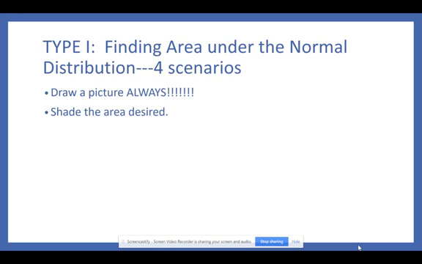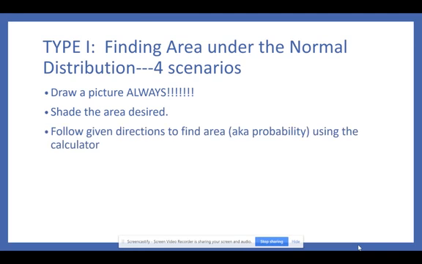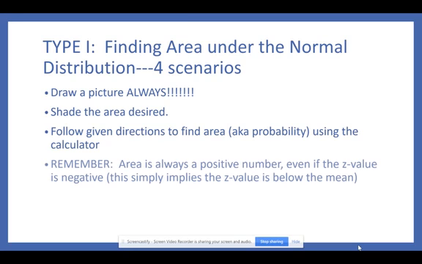One of the reasons I ask you to do this is because it helps you to visualize what information needs to be put into the calculator. It may also help you to see which command to use as well, and we'll talk about that. So you want to make sure you follow the directions, and I've given you what the command should look like for each scenario in this presentation, so you may want to print it out so you can refer back to it as you're working through the practice problems and the homework problems.